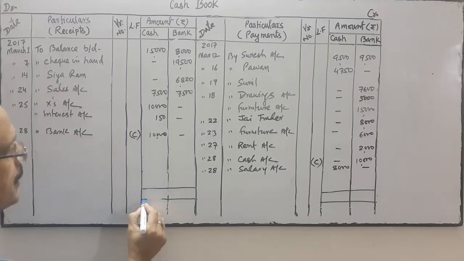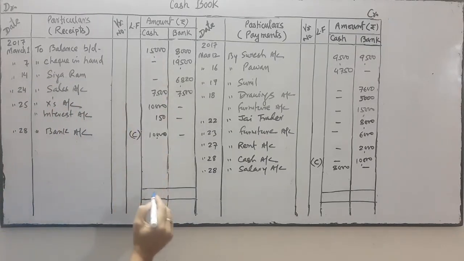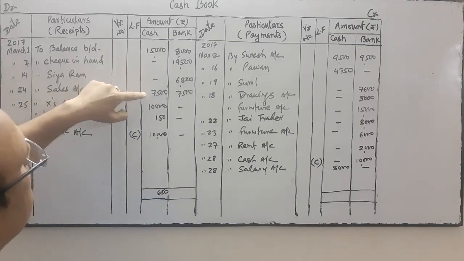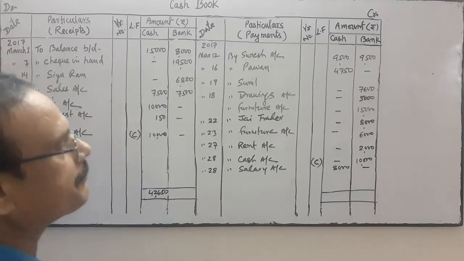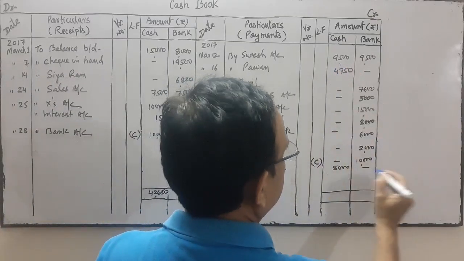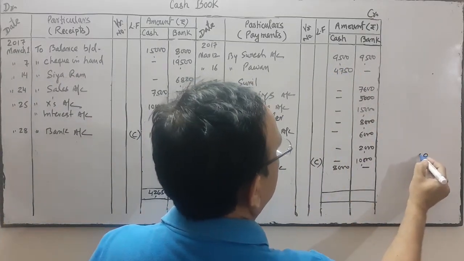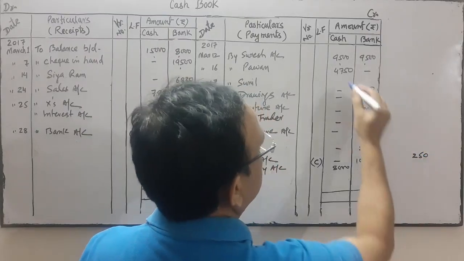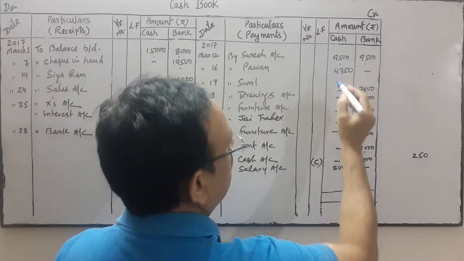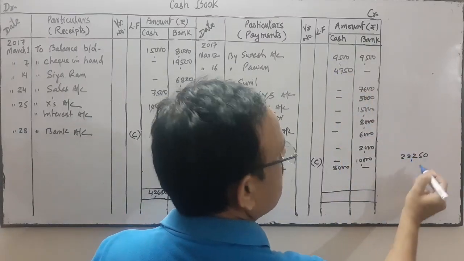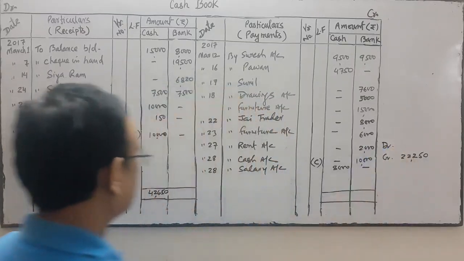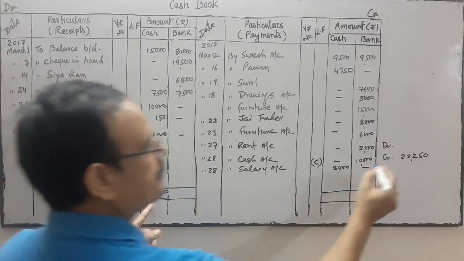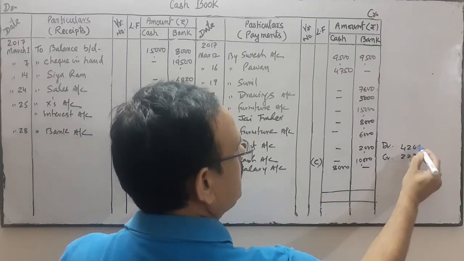So I'll see the position of cash. Cash total on this side is how much? 42,650.